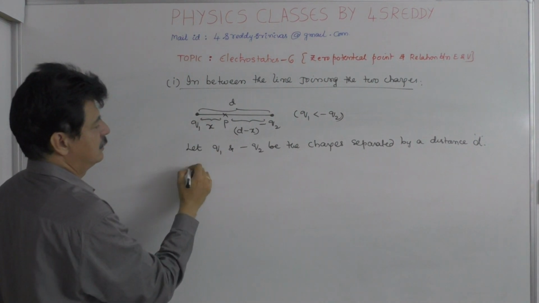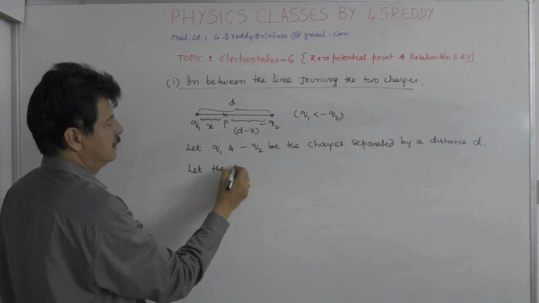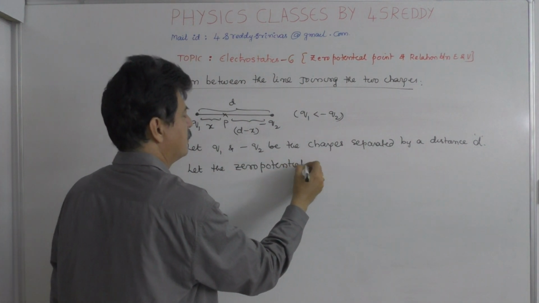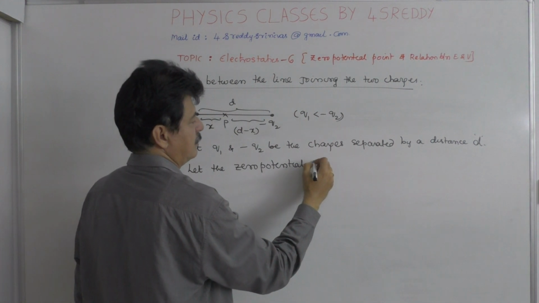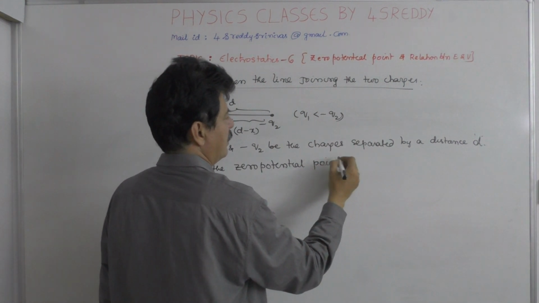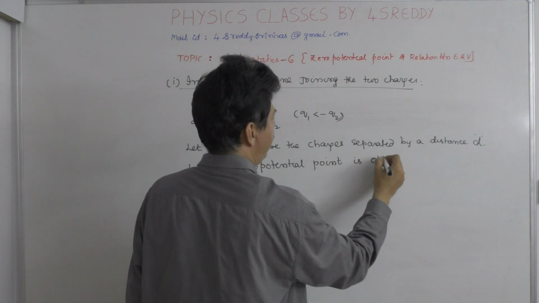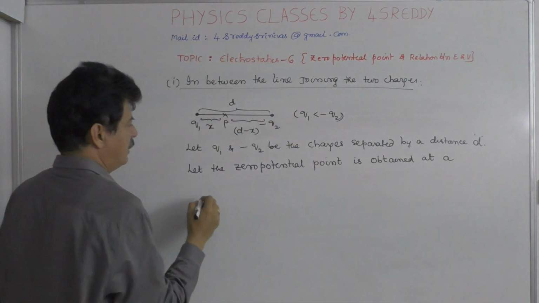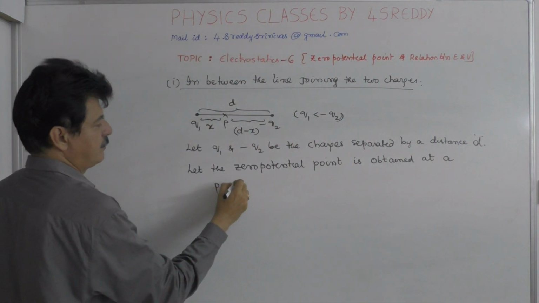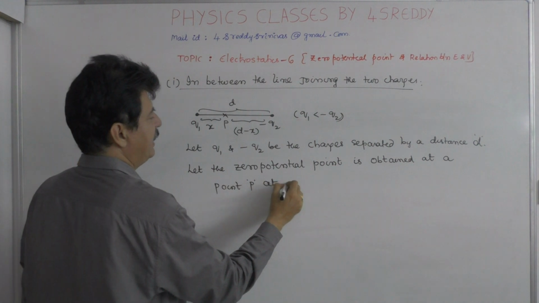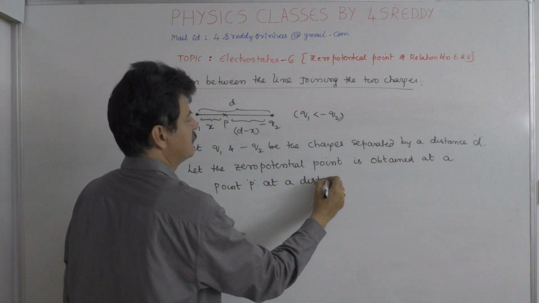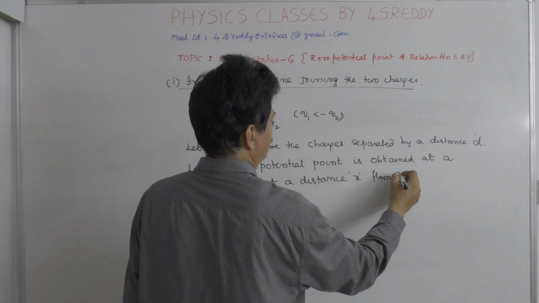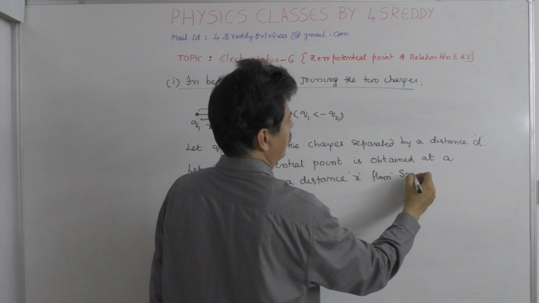Let the zero potential point be obtained at a point P at a distance x from the smaller charge Q1.